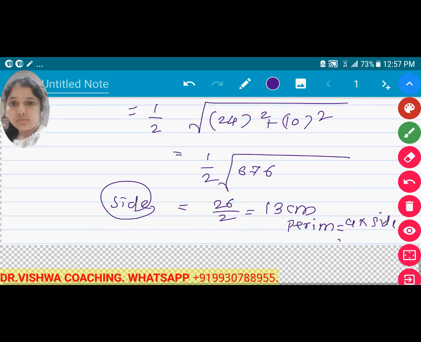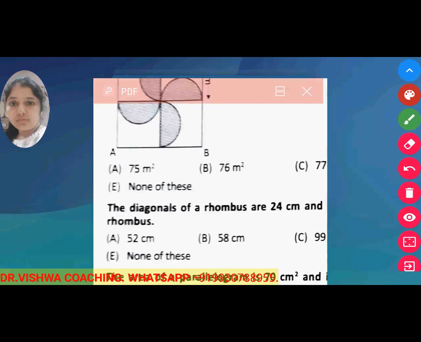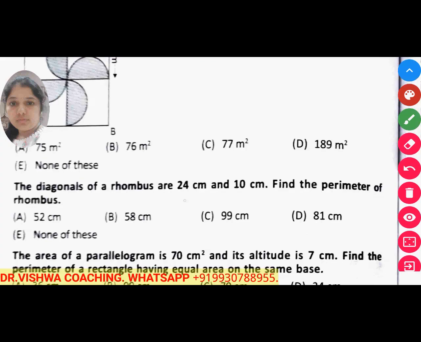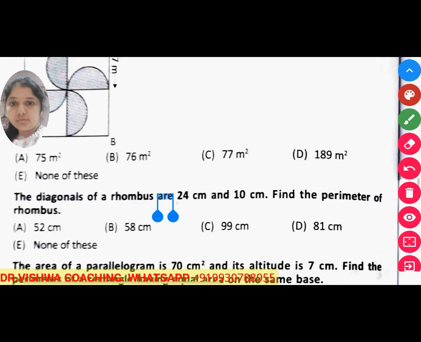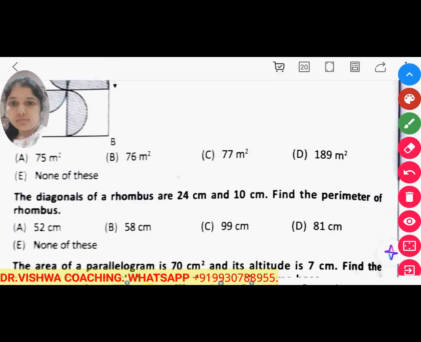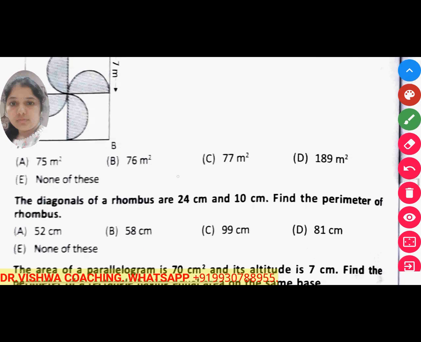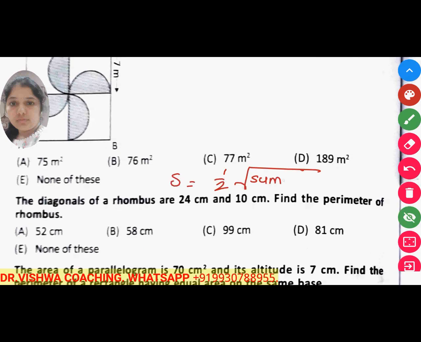We know the diagonals. We can find the area of the rhombus also. We can find the perimeter of the rhombus also. For the perimeter of a rhombus, we must know the side of the rhombus. So for the side, the formula is 1 half under root sum of what? Sum of squares of the diagonals.